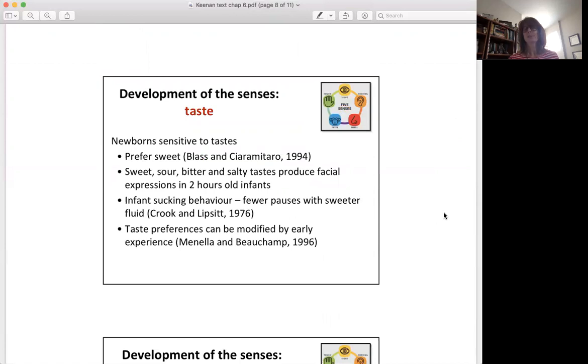There have been recent studies about newborns and their sensitivity to taste. It's been found that by reaction, newborns appear to prefer sweet, and that the four tastes, sweet, sour, bitter, and salt, produce a change in facial expressions in 2-hour-old infants.